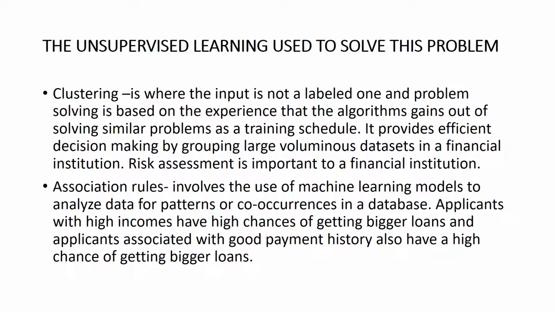So for the unsupervised learning techniques that I'm going to use, I have clustering. Remember, this is now the unsupervised learning technique. This one provides us with efficient decision making by grouping large voluminous data sets in financial institutions. Remember, we have to get the details of a person. When we are clustering, sometimes we cluster according to age, according to sex, according to salary scale, according to everything.